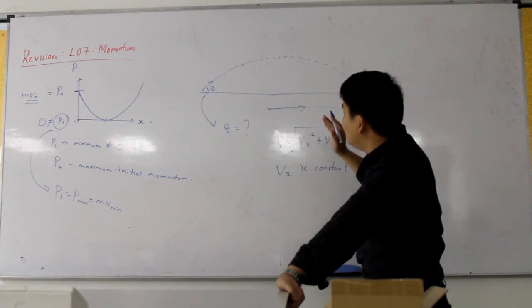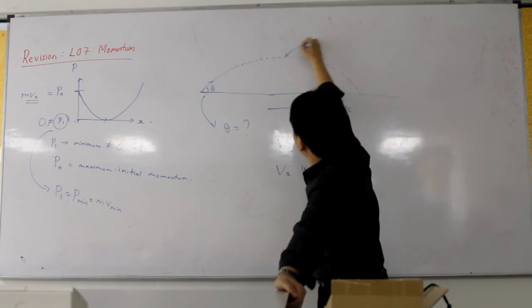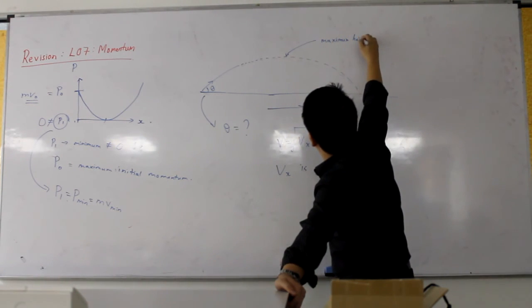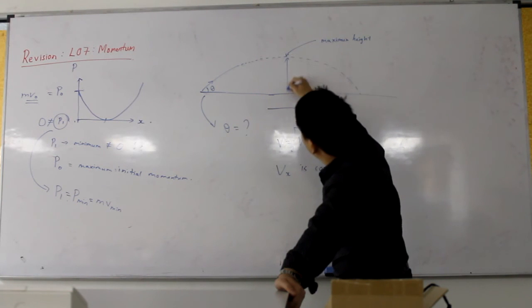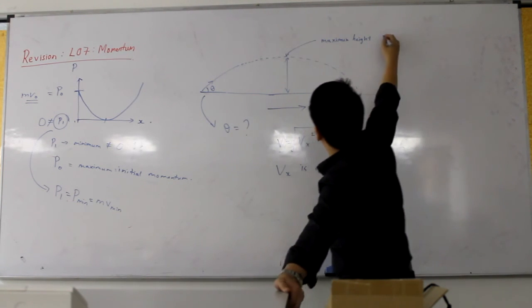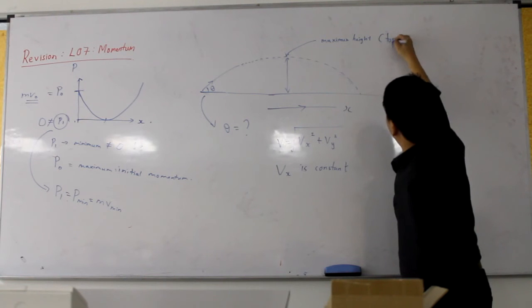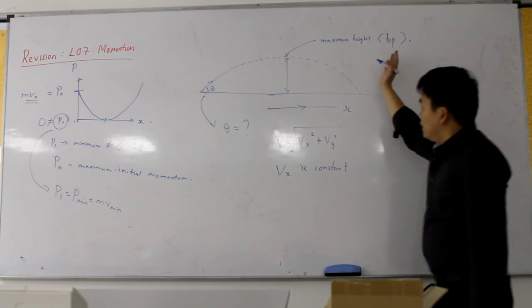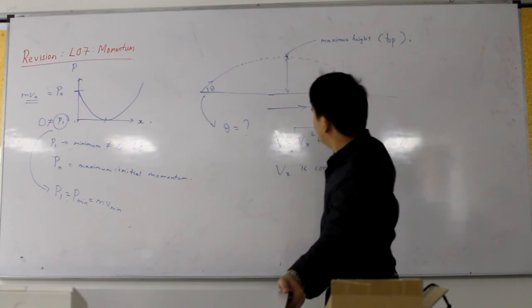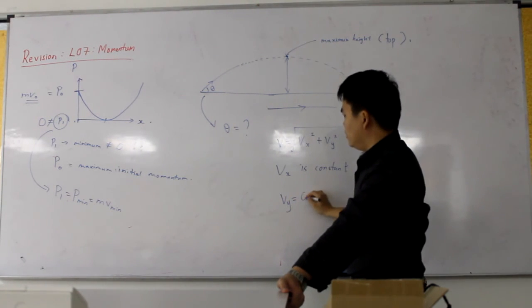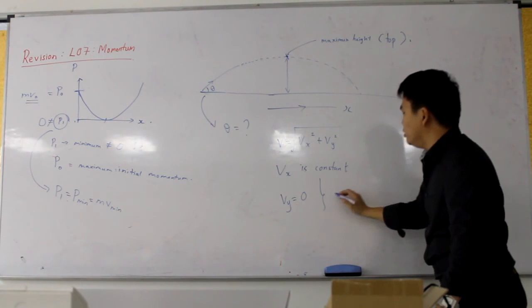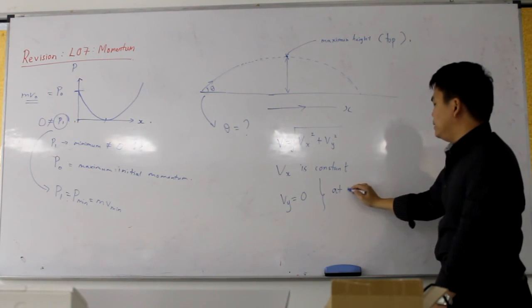On top, this one we put as the maximum height, which means that at the top part here, vy equals 0. That is an understanding. You must have the skill. You know that vy equals 0 when it is at the maximum height.